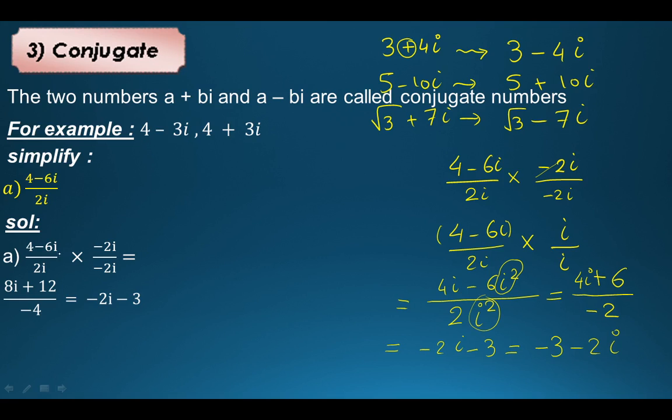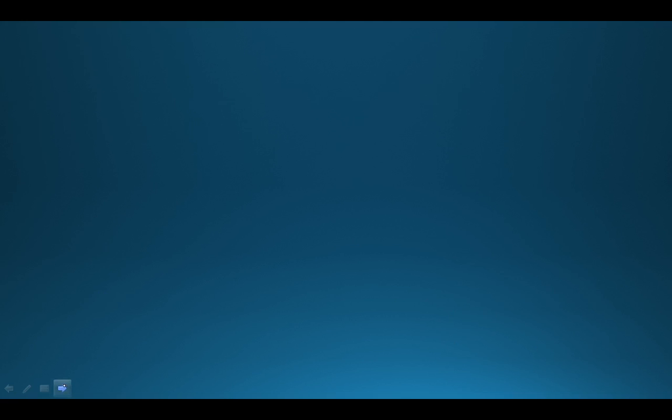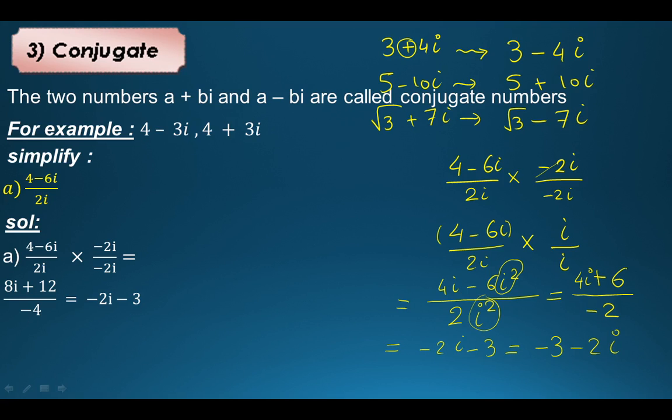I think there is something wrong and this solution is not correct, but the final answer will be okay: negative 2i minus 3, and you can write it in the simplest form as a complex number, negative 3 minus 2i. Here I solved this example by using the conjugate of 2i, which is negative 2i. You can solve it by yourself.